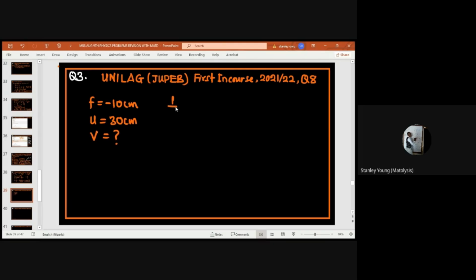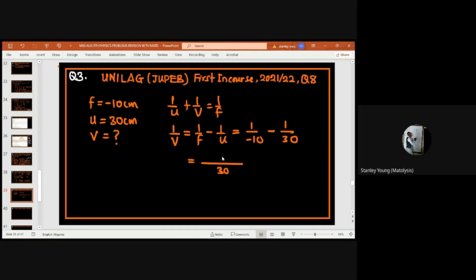Mirror formula: 1 over U plus 1 over V equals 1 over F. Isolating 1 over V, we have 1 over F minus 1 over U. So this is 1 over negative 10 minus 1 over 30. LCM is 30. 10 in 30 is 3 times negative 1, we have negative 3.